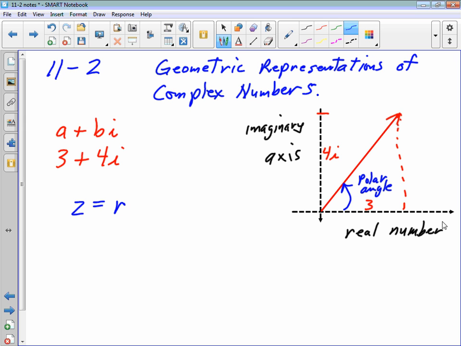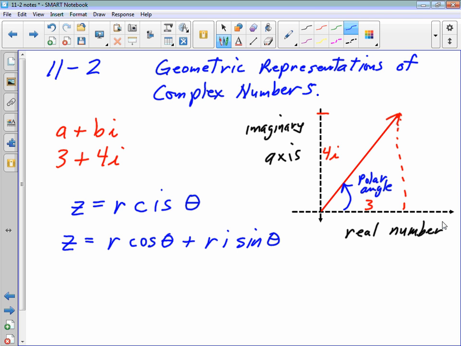Z equals R cis theta, or alpha, or whatever you have for your angle. We had this earlier in the book, but it's been a while. We haven't used it a lot. Remember, that just means Z equals R cosine theta plus R I sine theta.